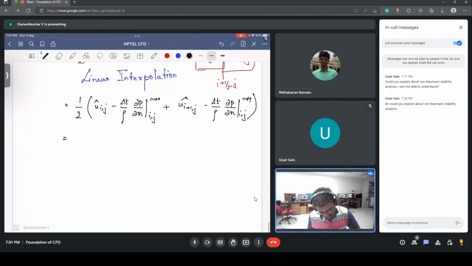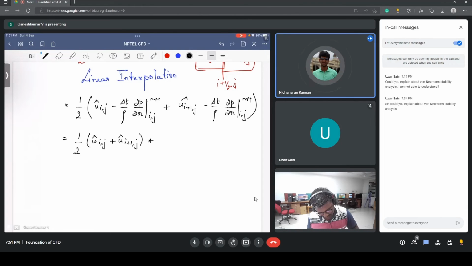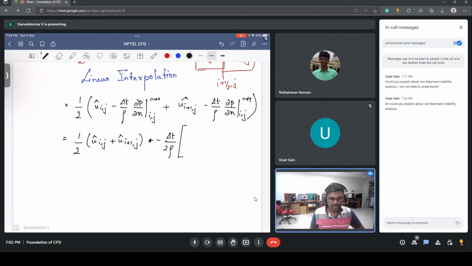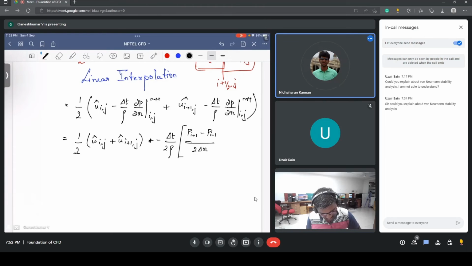So let's write it like this: half into u cap of (i,j) plus u cap of (i+1,j), minus delta t by 2 rho, and we have dou p by dou x at (i,j). How can we write it? We can write it as p of (i+1) minus p of (i-1) divided by 2 delta x, right?